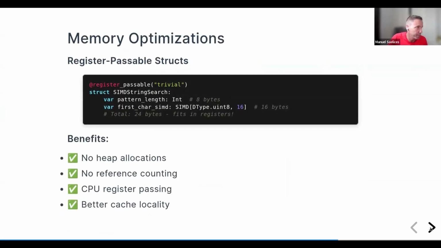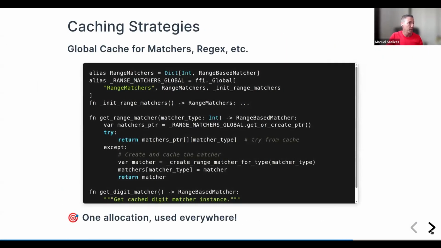Of course, memory optimization: try not to allocate on the heap, but on the stack. And using globals, I know that global variable support in Mojo is not complete, but there are some workarounds thanks to Chris, who pointed me in the right direction. So I just use this kind of global variable cache, so I just need to build once and not in every node.